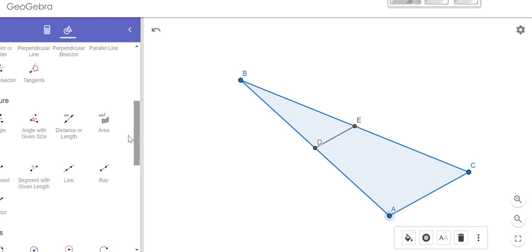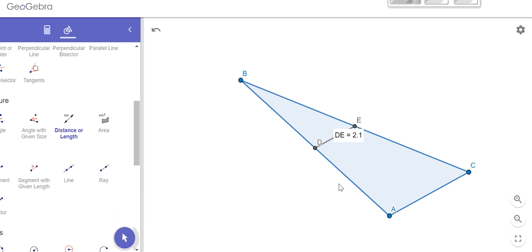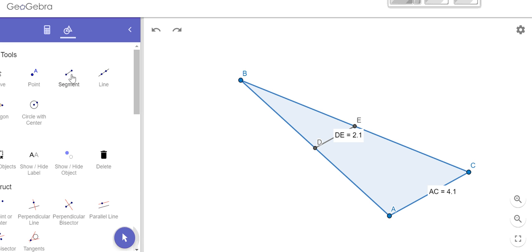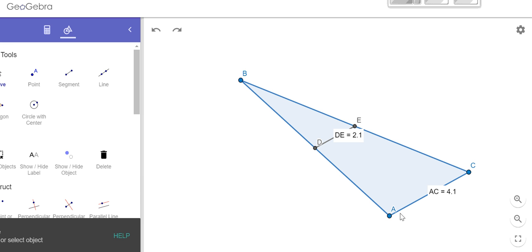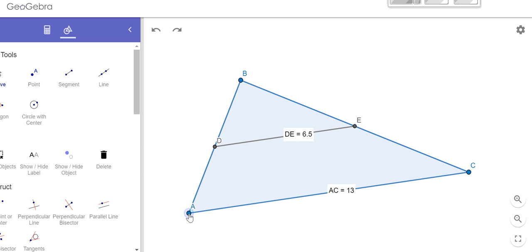Now the theorem also said something about its length. If we look at the length of D to E, it's 2.1, and A to C, we see that is 4.1. So we know that the midsegment is always half of our length. Notice we can change it here, so we get 13, half of that is 6.5.